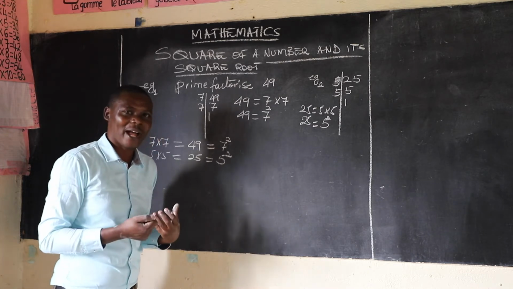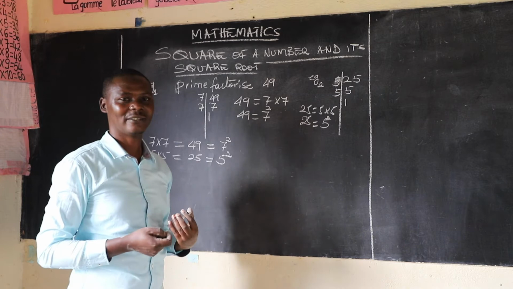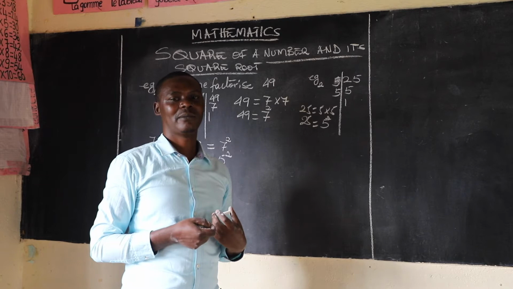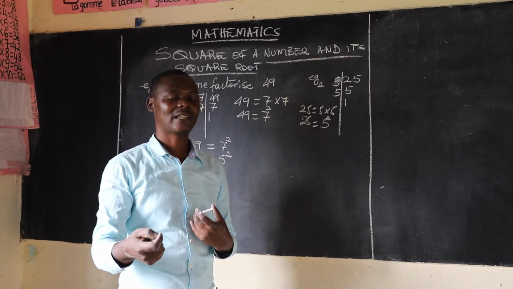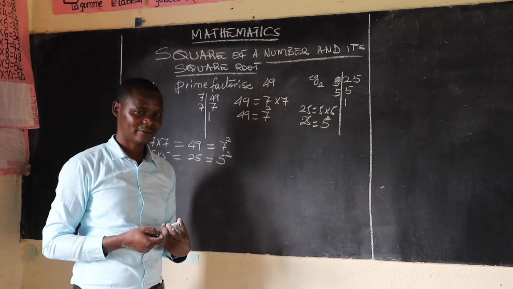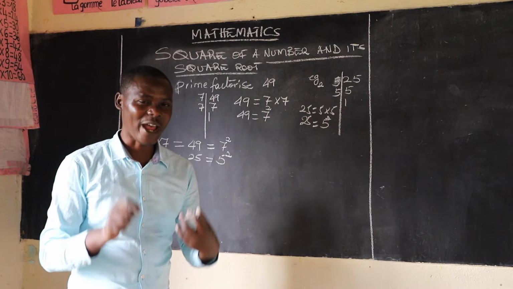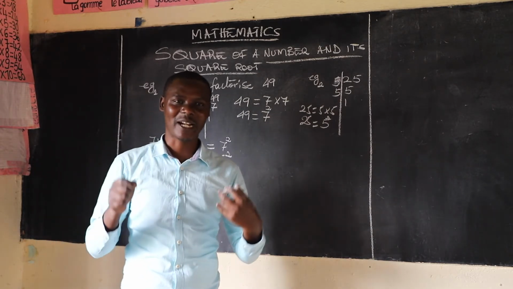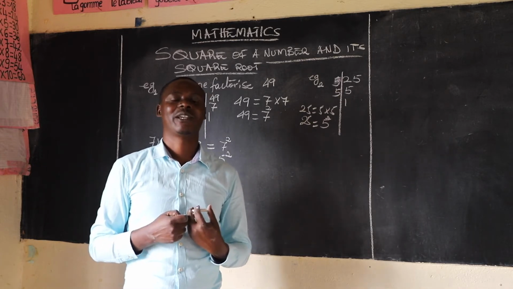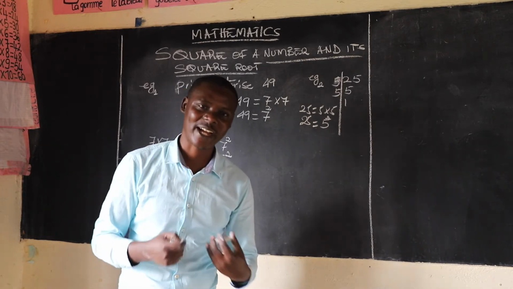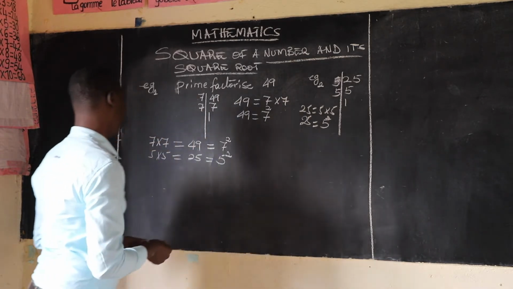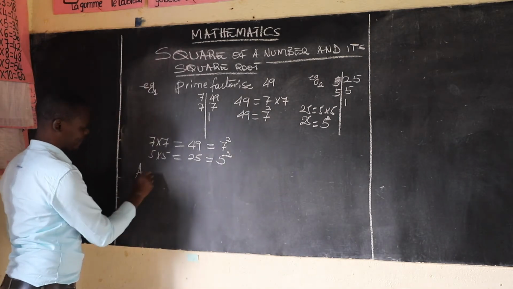Now, when a number is multiplied by itself once, the answer we get is known as a square of that number. I repeat. When a number is multiplied with itself once, the result or the product is known as a square of the number.